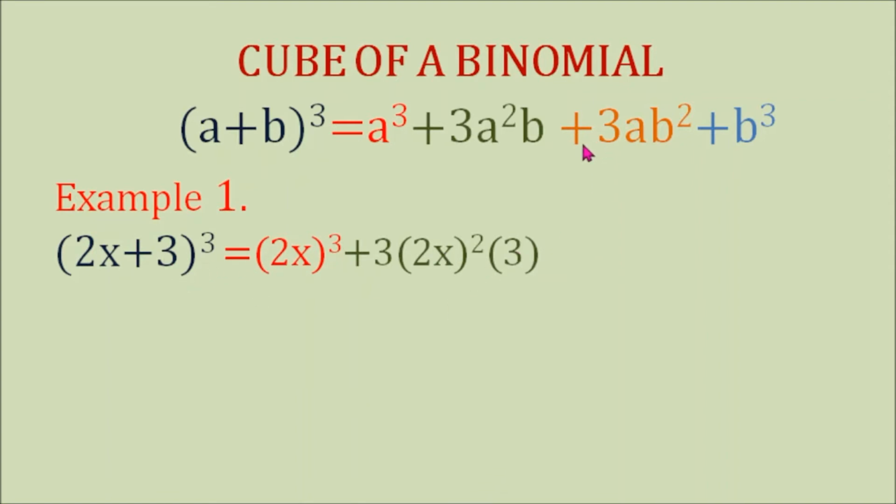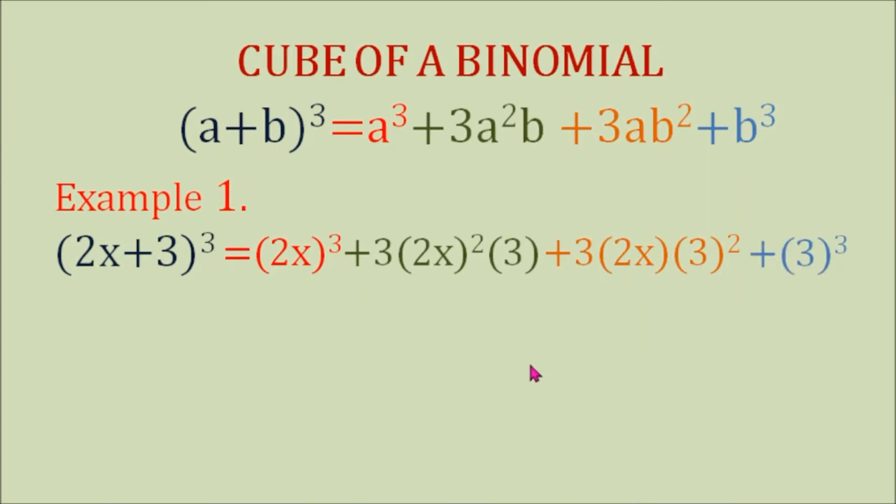Then for our third term, it's 3 times a b squared, so it's 3 times 2x times 3 squared. Our a is 2x, our b is 3. And for our last term here, it's b cubed. It's the cube of the second term, so it's the cube of 3.